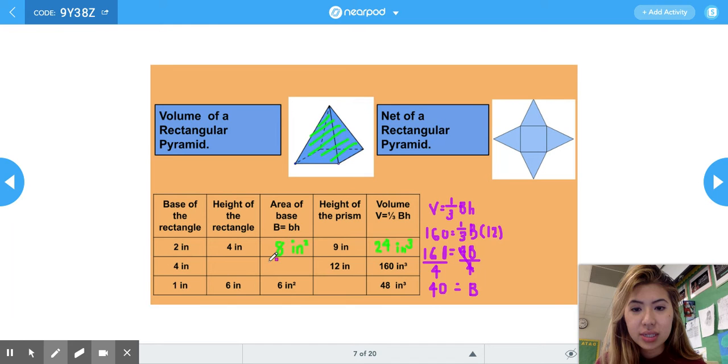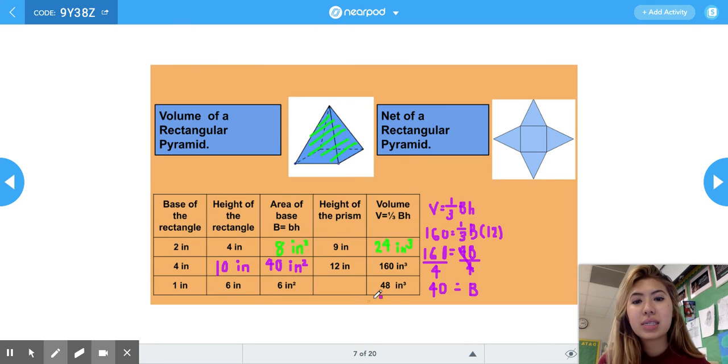So that gave us the base area is 40 inches squared. And then to figure out the height of the base shape, we know that 4 times 10 is 40, but we can also do 40 divided by 4 to get the 10.